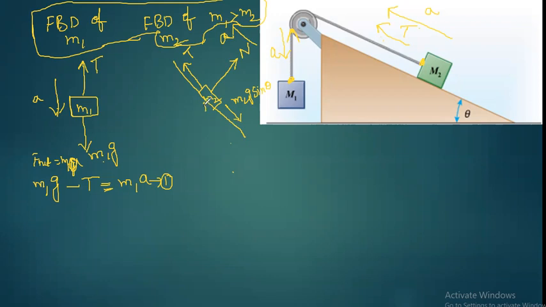Okay. This is m2g cos theta. So now, how to write the equation?